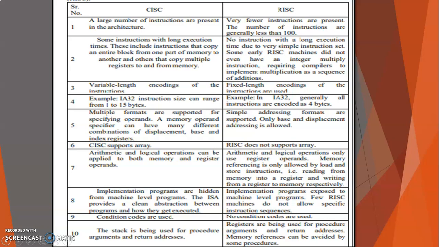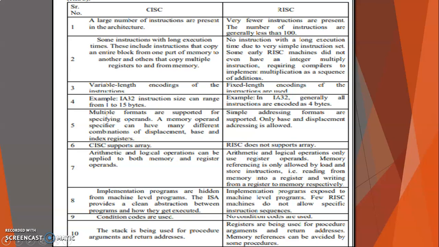RISC: no instruction with a long execution time, due to the very simple instruction set. Some early RISC machines did not even have an integer multiply instruction, requiring compilers to implement multiplication as a sequence of additions. CISC: variable length encoding of instructions.